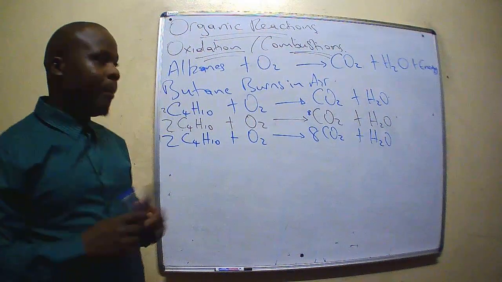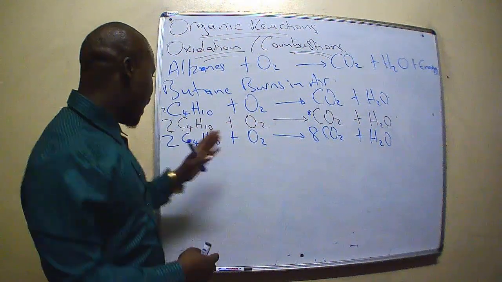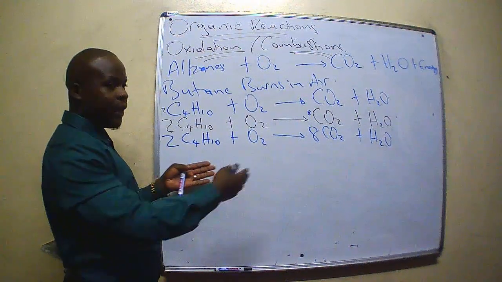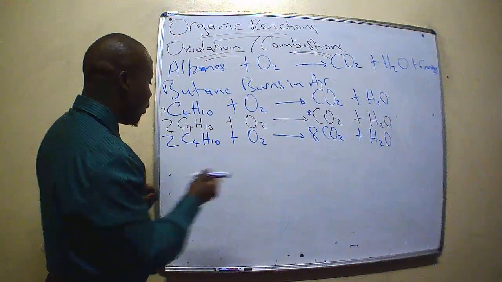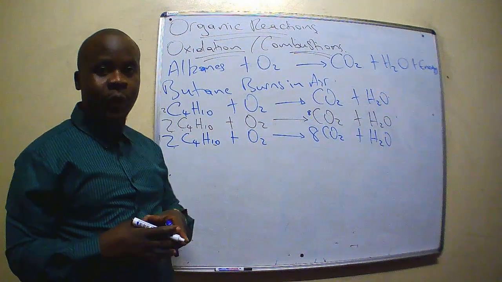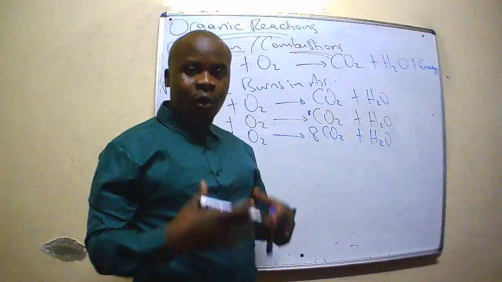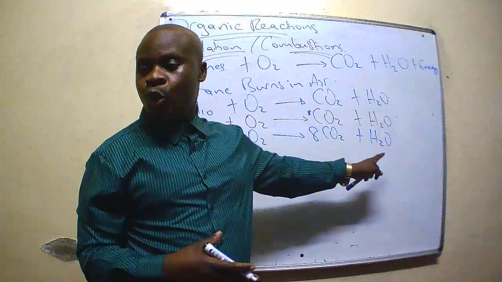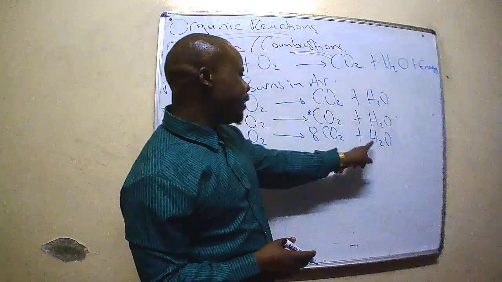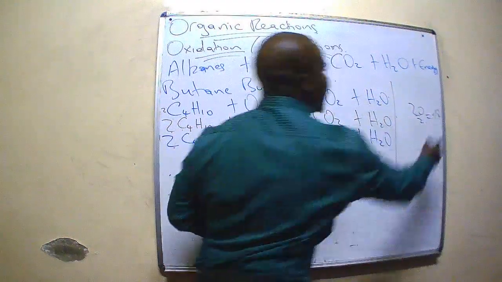After we are done balancing the carbon, the next step is to balance our hydrogen. Again we check the left hand side, there's more hydrogen atoms. 10 times 2 is going to give us 20 atoms of hydrogen. Let's check on the other side. On the other side, we have only 2 atoms of hydrogen, which means these 20, when we divide by 2, is going to give us 10.